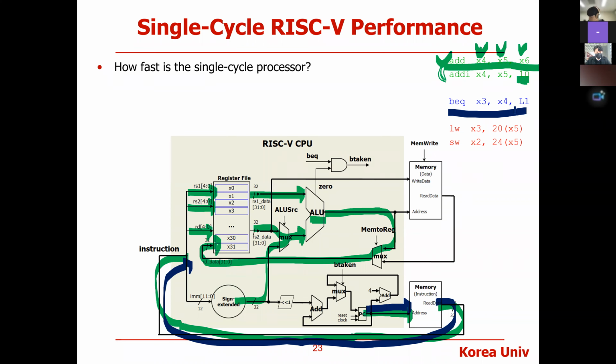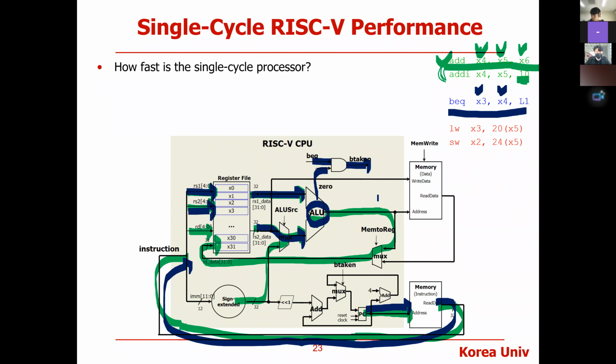Then first source, second source, and the register file is giving data. Okay, X3, X4, and ALU is doing subtraction operation. Based on that, you can figure out whether the branch is taken or not taken, right?